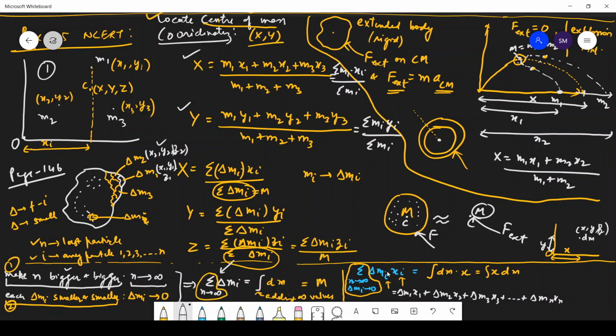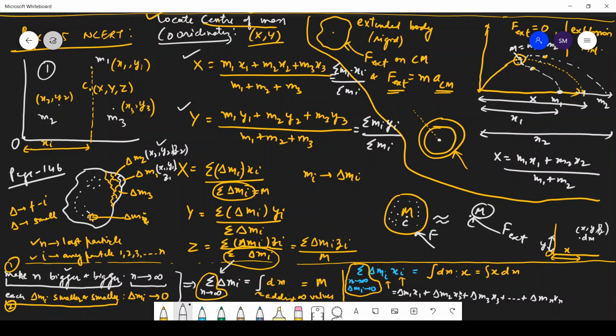So I had finite values. So I was replacing i with 1, then i with 2, then i with 3, and so on, and replacing i with n. But here these values are infinite. You cannot write it in this way. So we used i because i was replaced with 1, 2, 3 and so on. But here, as these values are infinite, I need not write it this way.